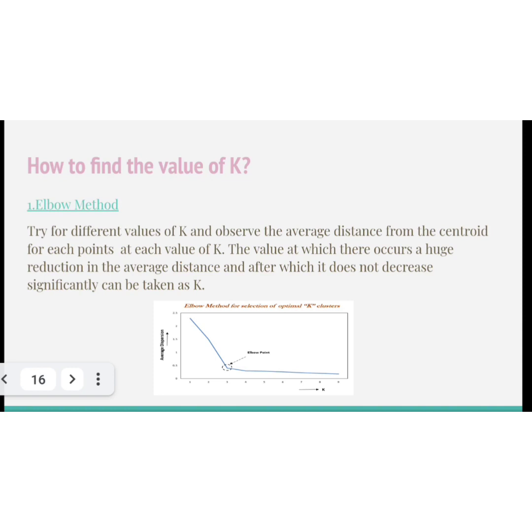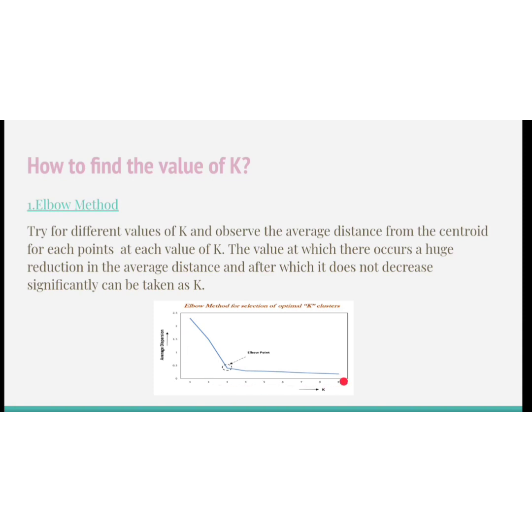In this method, we will try different values of K, and for each value of K, we will find the average distance from the centroid to each of the other points, and then we will plot these values in this form. That means in the x-axis we will take the value of K, and in the y-axis we will take the average distance. And now in this figure we can see that this graph looks like an elbow, right?